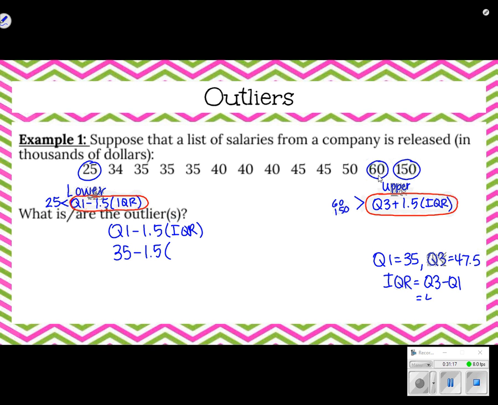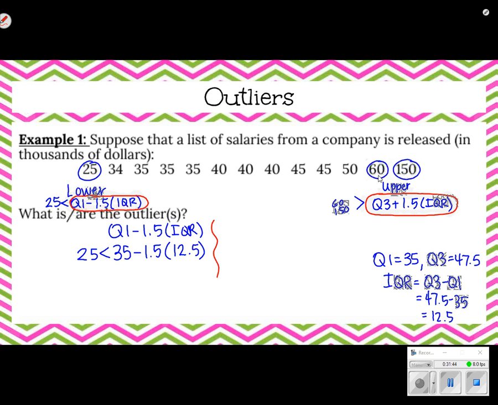So that's going to be 47.5 minus 35, which is going to be 12.5. All right, now that number has to be larger than 25. If that's true, 25 is smaller than this value, then we have a lower end outlier.